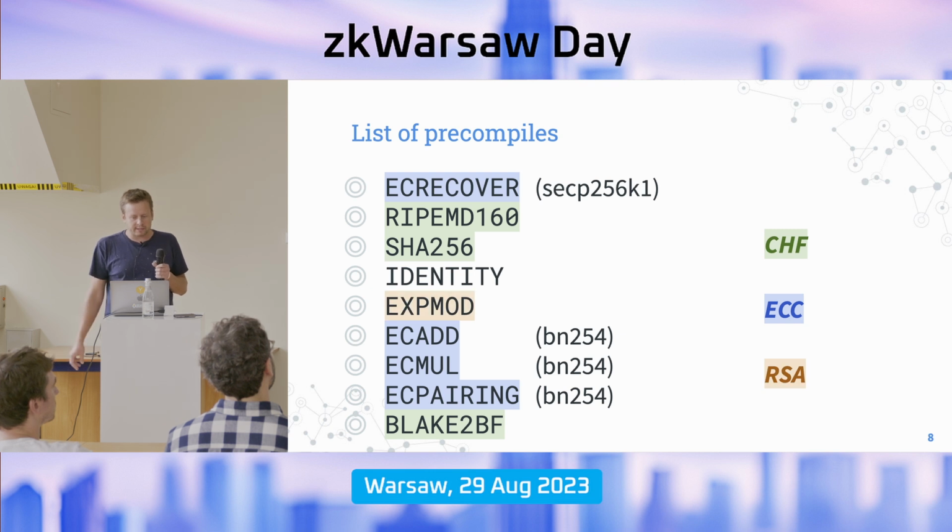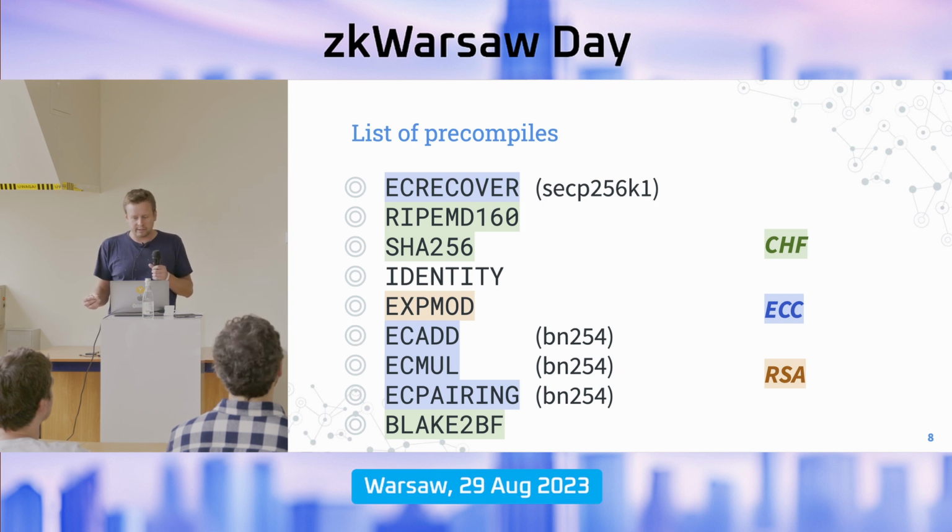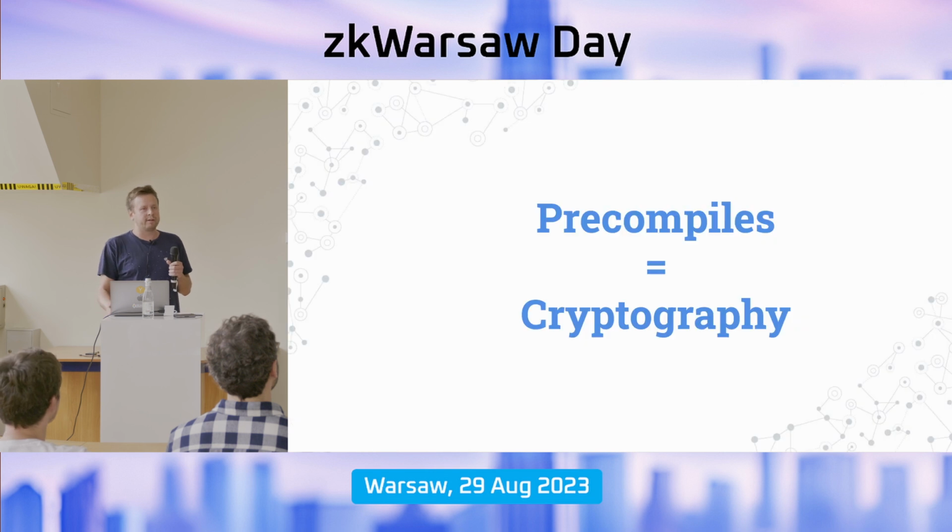And the last one is just a group of other precompiles, which I'm not going to talk about today, but it's worth mentioning. So as you can see, precompiles, or better the functionalities they implement, are one of the most important parts of the Ethereum technology stack. Once again, precompiles make advanced cryptography available from the EVM level.